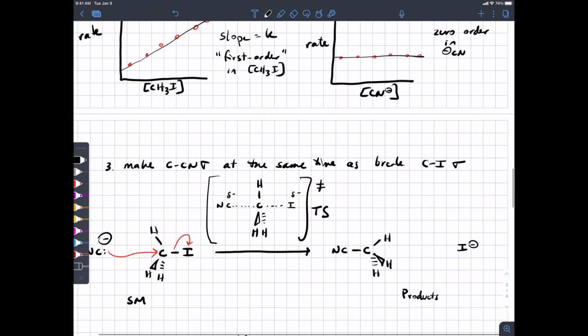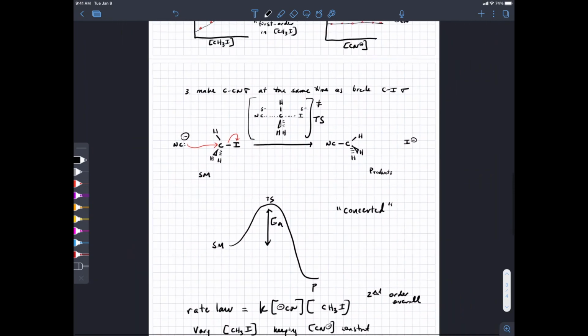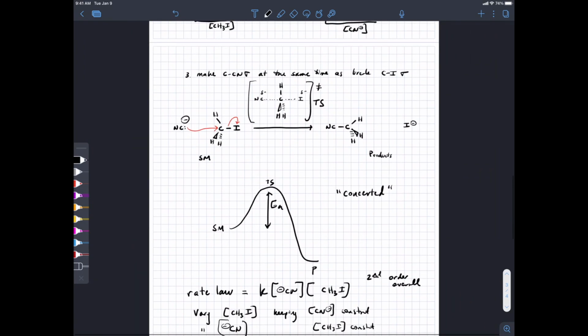And we're going to call this reaction where there are two concentration terms in the rate law, bimolecular nucleophilic substitution. And that is SN2.